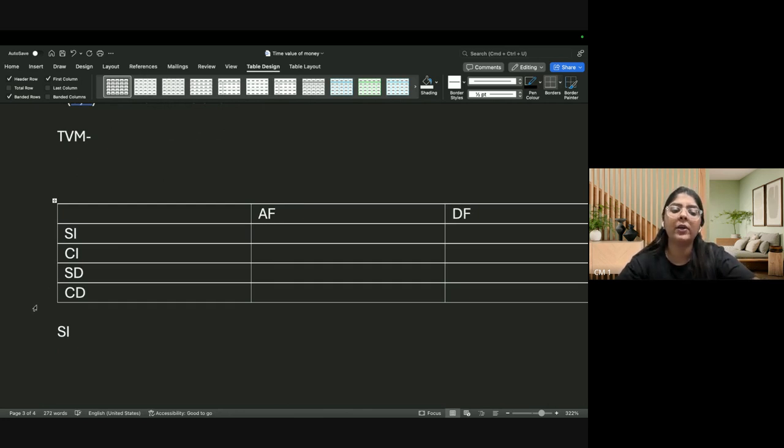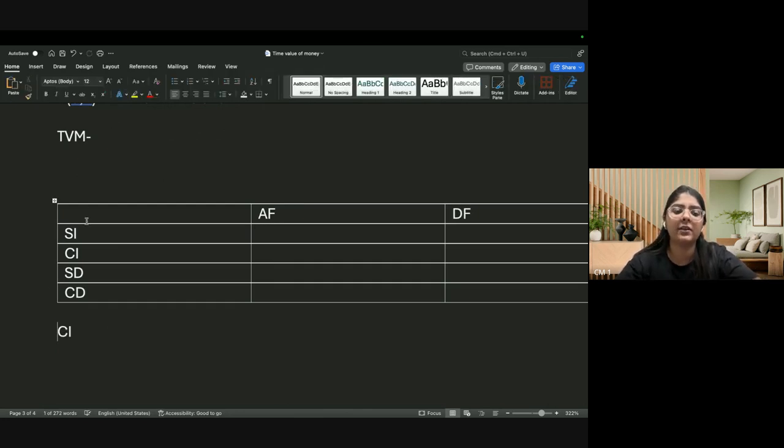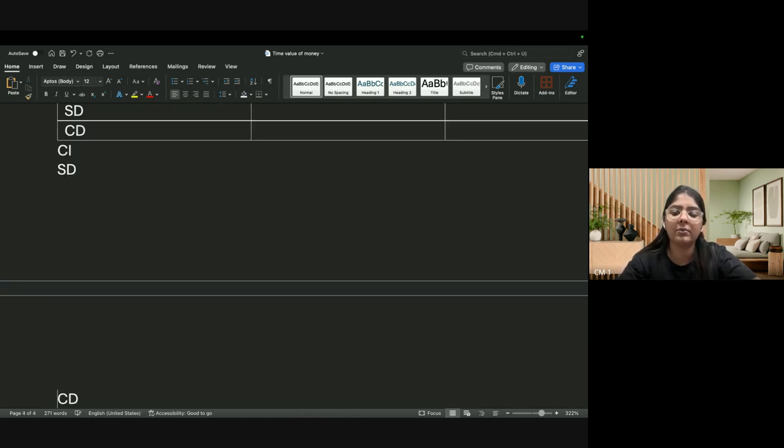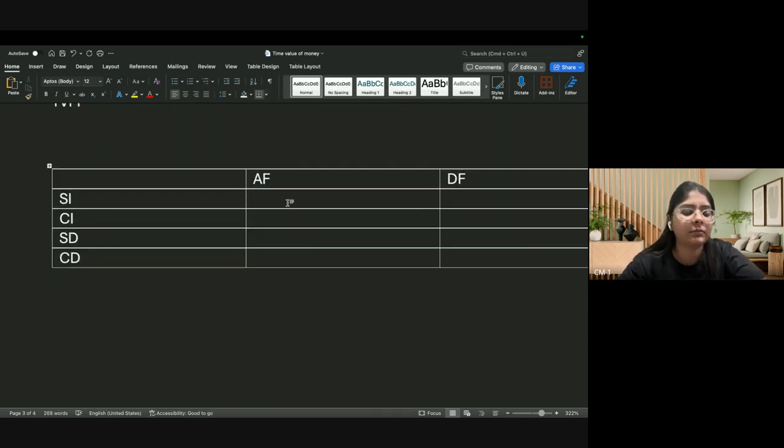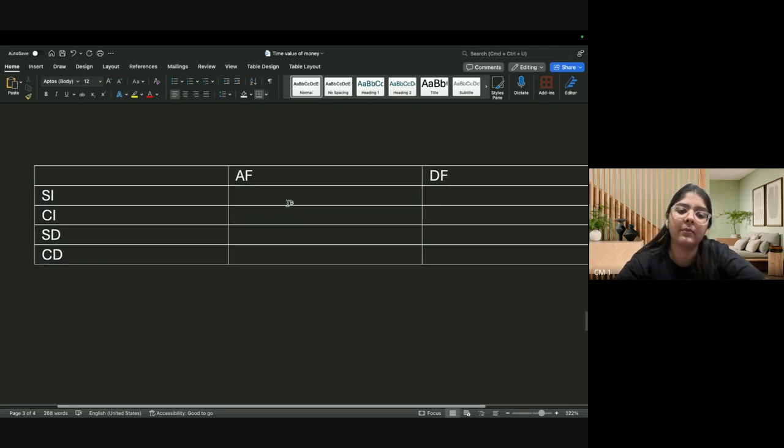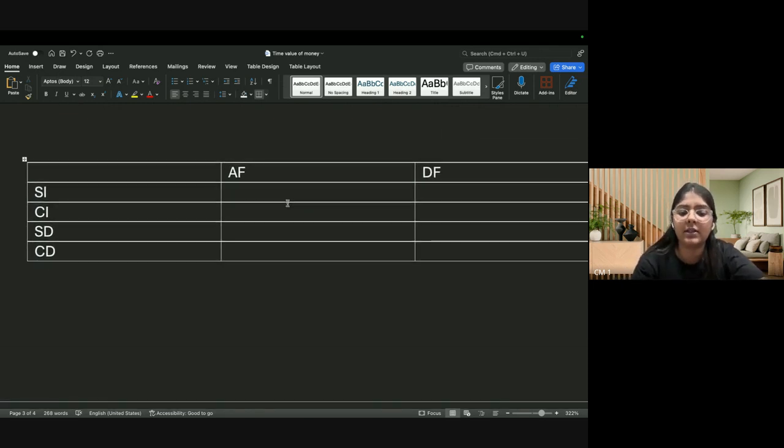So now can you tell me all of these factors for all of these interests? So what is the accumulation factor for a simple rate of interest? Is it 1 plus Ni?